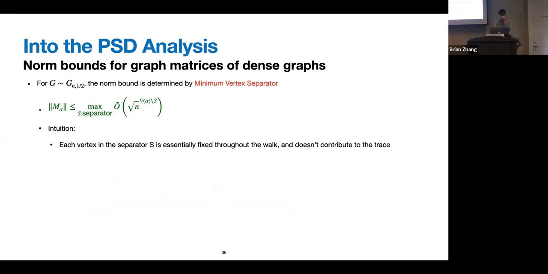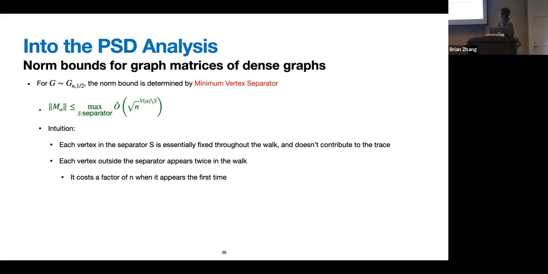And the intuition is really, we should think of each vertex in the separator to be fixed throughout the walk, so it doesn't contribute anything to the trace. And each vertex outside appears twice. The first time it appears, it gives a factor of n, and then the second time we saw it before, so we can use a label in q, because we are taking a length q walk, and q is a log. And by the way, I'm hiding polylog factors.